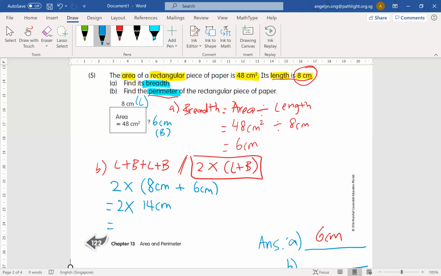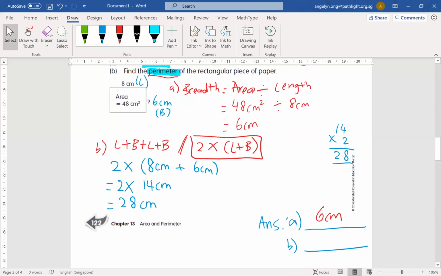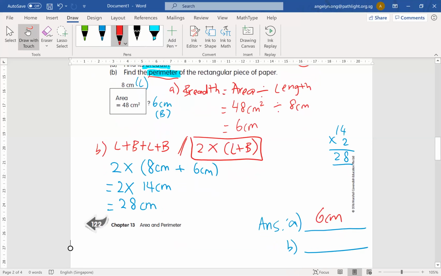Okay, so what is 14 times 2? Let's do our working. 4 times 2 is 8. 1 times 2 is 2, so it's 28. 28 cm. Okay, so let's put it down on our answer line, 28 cm. Okay.